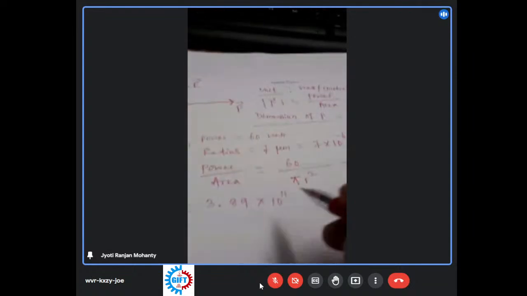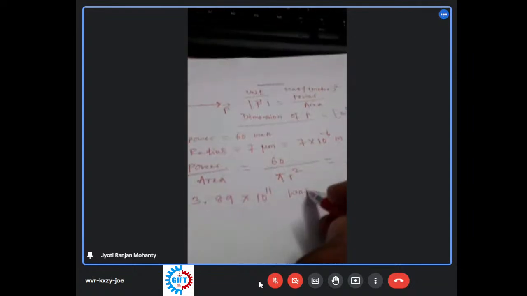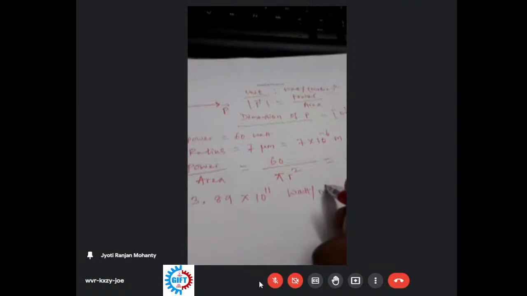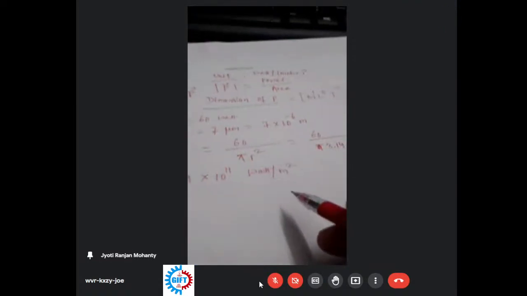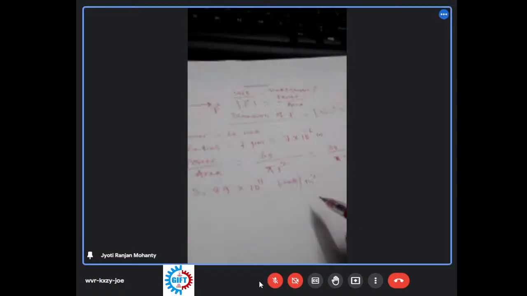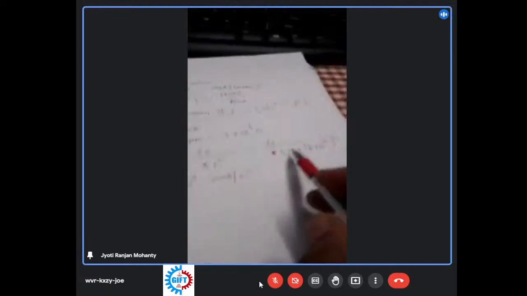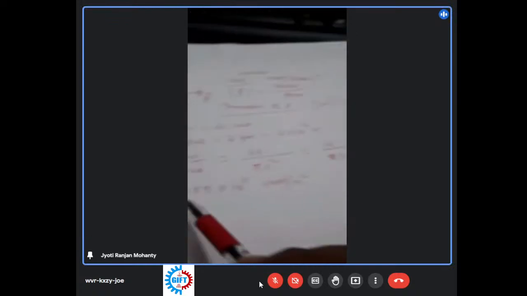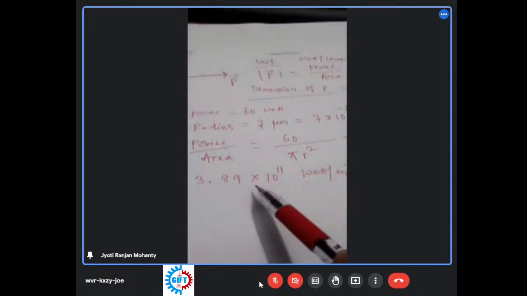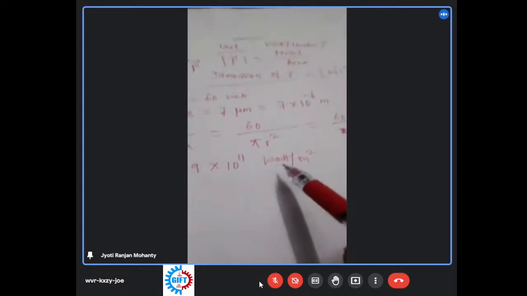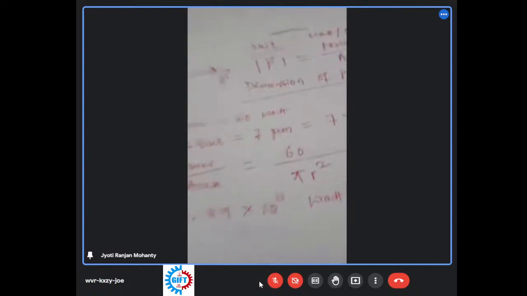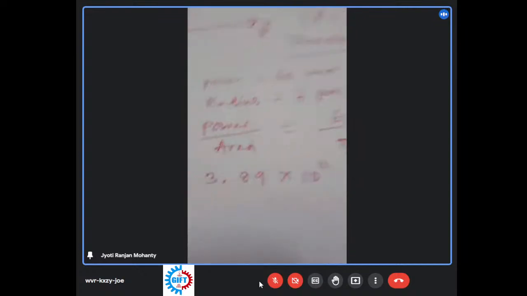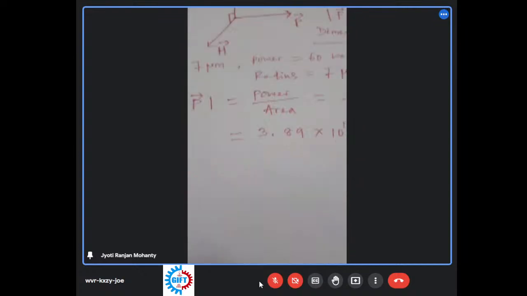What will be the unit? Lastly you have to write watt per meter square, otherwise half mark will be deducted if you don't mention the unit. So after doing the calculation, this will be 3.89 into 10 to the power 11 watt per meter square.